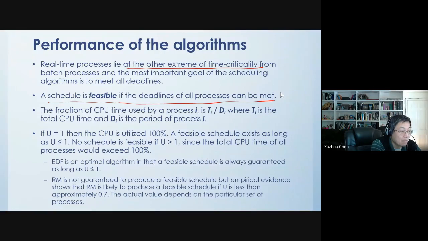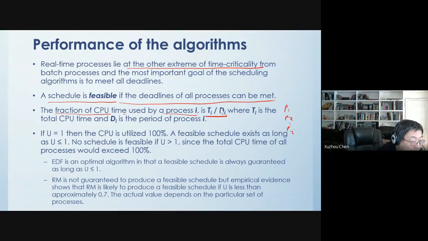Okay. So when we talk about performance, suppose that the fraction of CPU time used by process i, like process 1, process 2, process i, is Ti divided by Di.